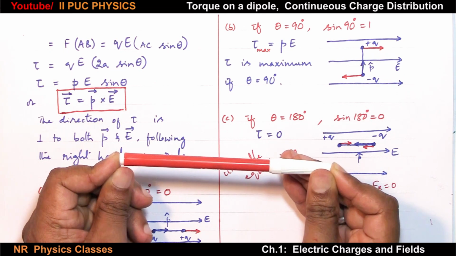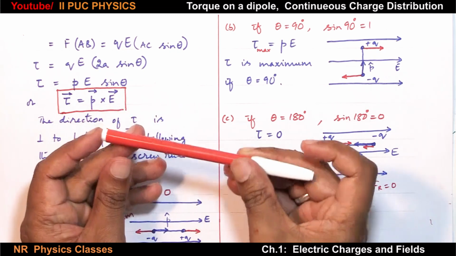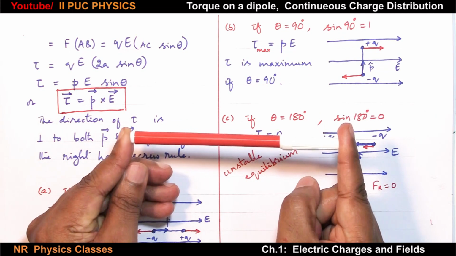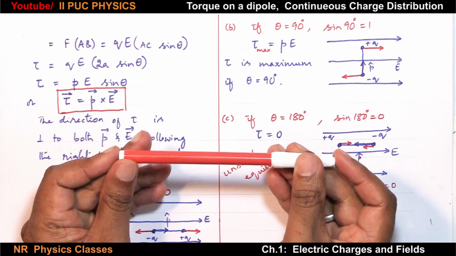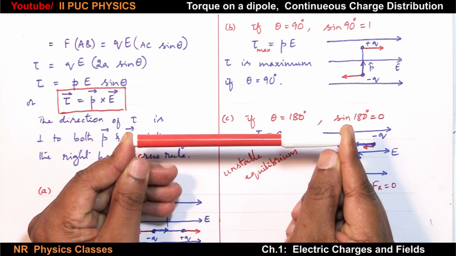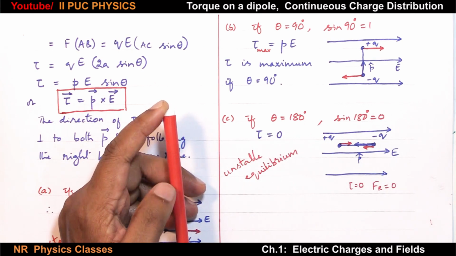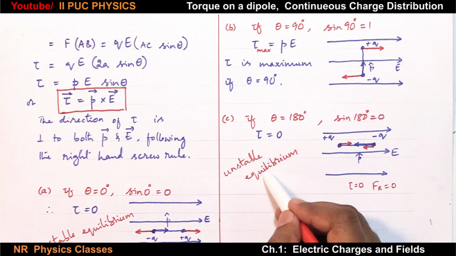If it is slightly disturbed, then this scenario will change like this. See, these two forces are on the same line, means in this direction, it will be in equilibrium, but it is highly unstable. If slightly changed, all of a sudden there will be rotation. For that reason, it is said to be unstable equilibrium.